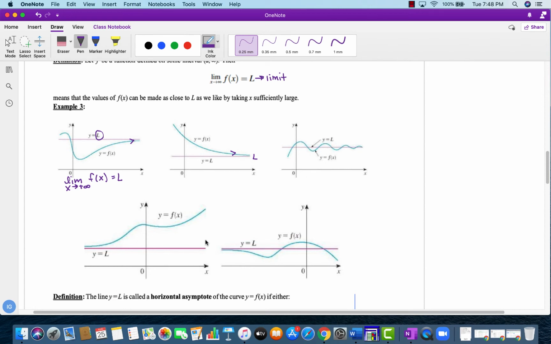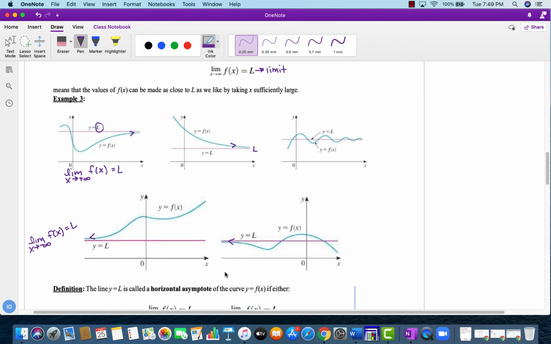Alright, and here are more examples of the same thing, but instead of going to positive infinity, now you're going to negative infinity. So this will be the limit as x approaches negative infinity of f of x. You're still equal to L, okay? But now you're going to the negative side, negative values of x.